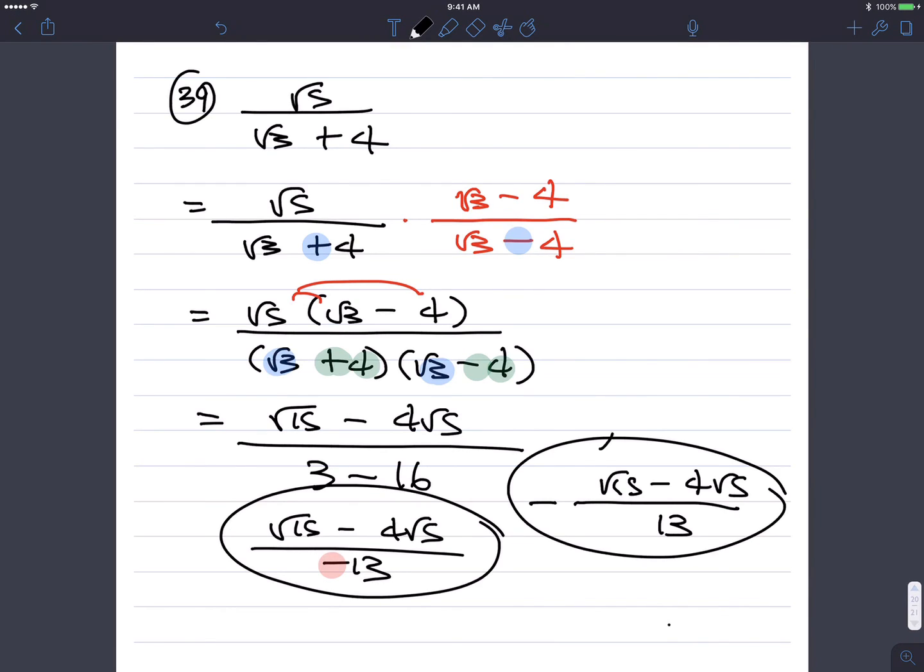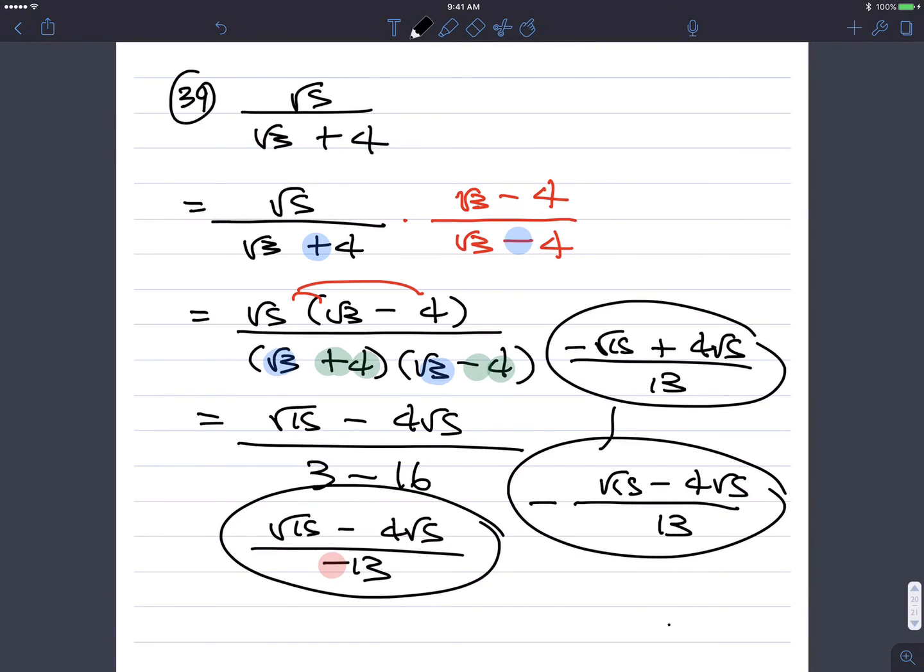Some books will write this as, they're going to distribute that negative sign on top. So you're going to get negative square root of 15 plus 4 times the square root of 5 over that 13. Here's a third way. My preference is the second. My preference is what you see over here.